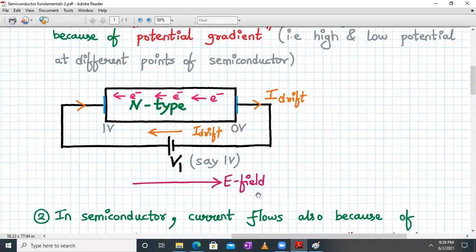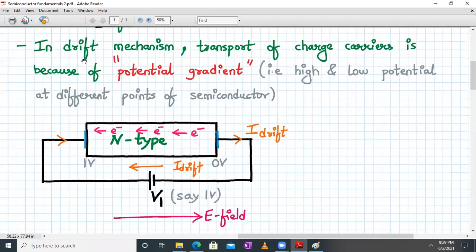Under the influence of this electric field, whenever the charge carriers travel, that type of mechanism is called the drift mechanism. Or we can simply say, whenever there is a potential gradient in the semiconductor, the current flowing inside is due to the drift mechanism.